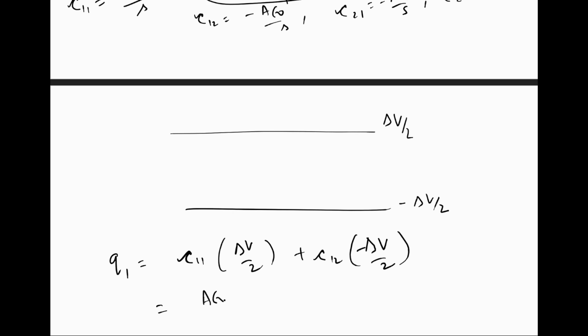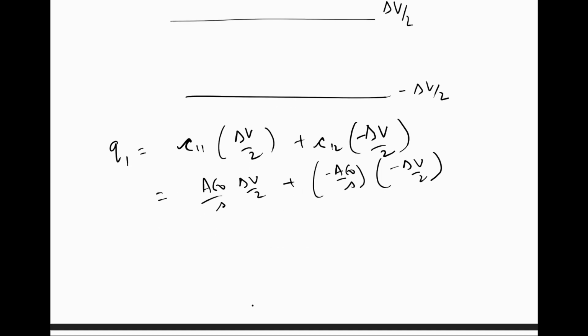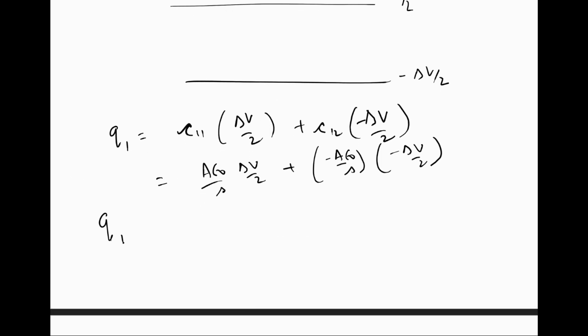C11 is A epsilon naught over S, times delta V by 2, and C12 is minus A epsilon naught over S, times minus delta V by 2. So you see that Q1 is now A epsilon naught over S, delta V by 2, into 2. So this is A epsilon naught over S, delta V.